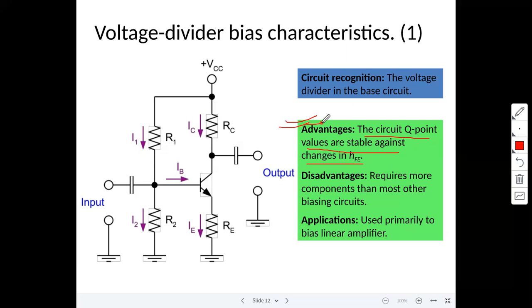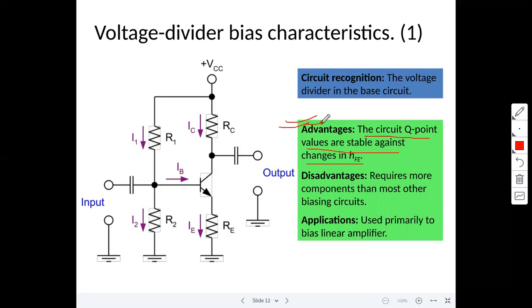So far, including self bias, we discussed a total of 5 biasing circuits. Among all 5, self bias is the most popularly used in amplifier circuits.